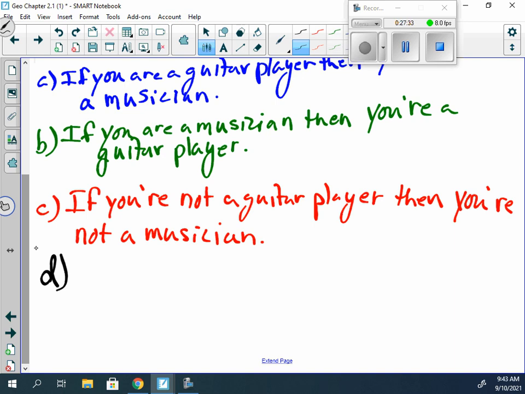Y'all agreeing that this is not that difficult to write these out? It's just tedious because you're having to write the same statement essentially 4 times over in a different way.